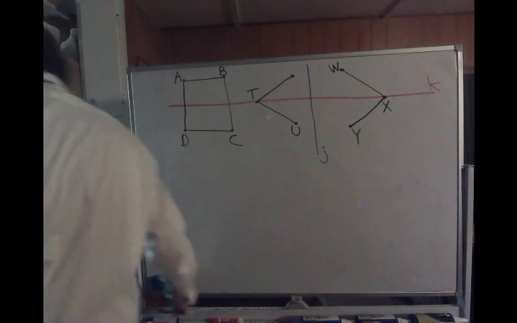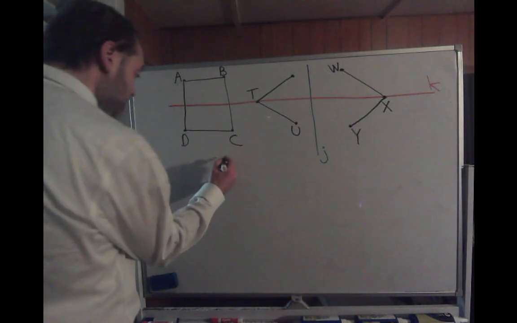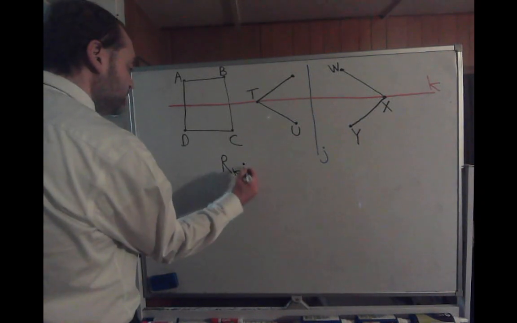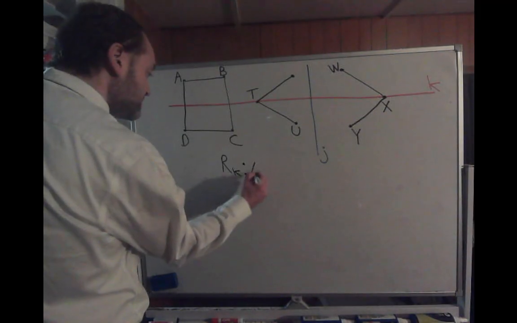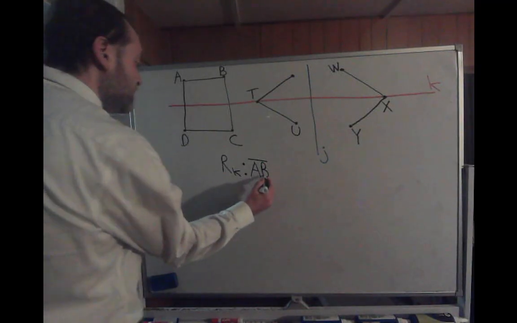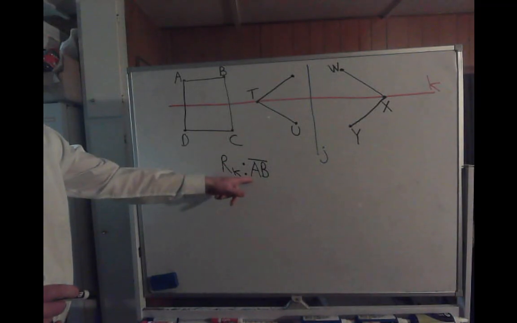Alright, so then what if I had... You can also not only do this with points, you can do this with whole segments. What if I'm asked to find the reflection in line K of the segment AB?